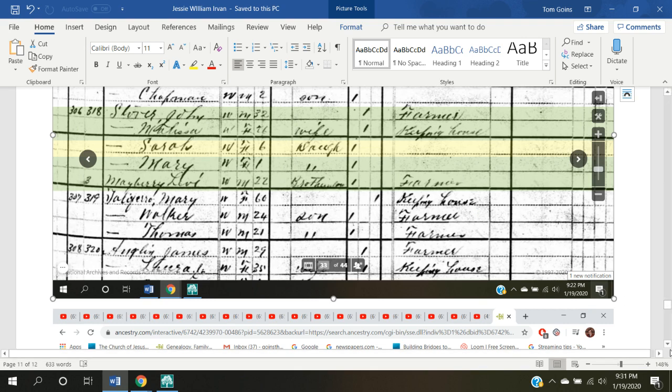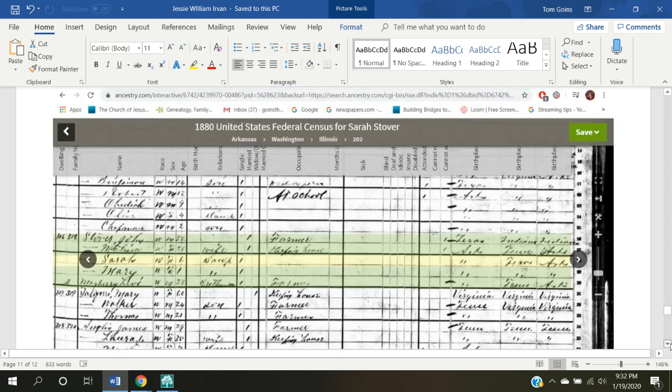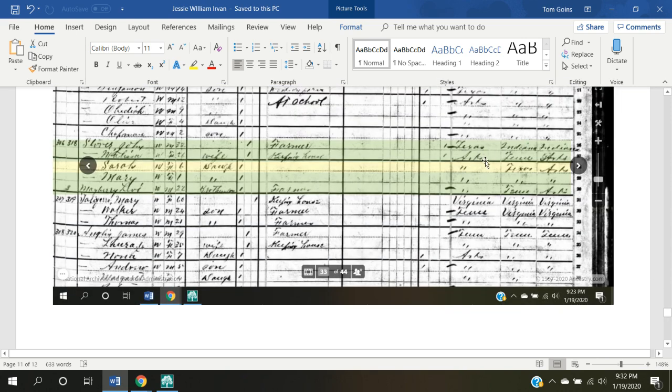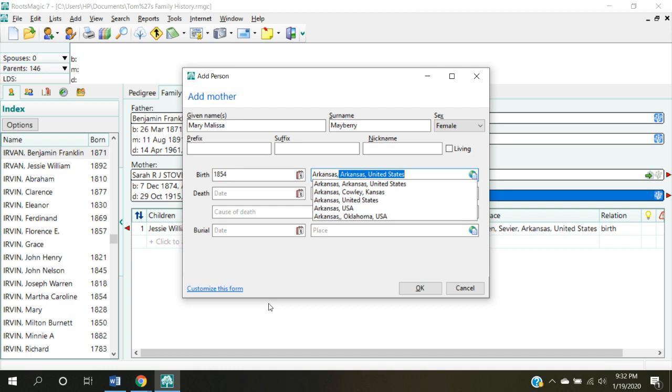But I think she may have been born in a different state. We'll go to this other image of the U.S. Census. We see she was born in ARK, which is Arkansas. 1854, Arkansas, United States of America.